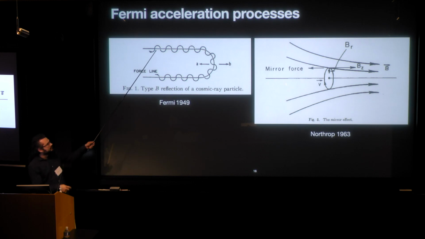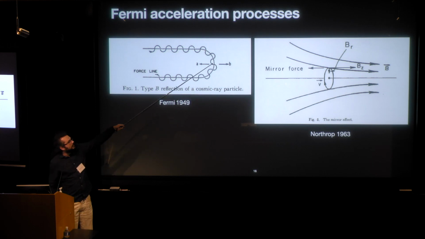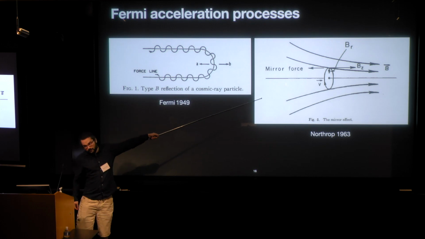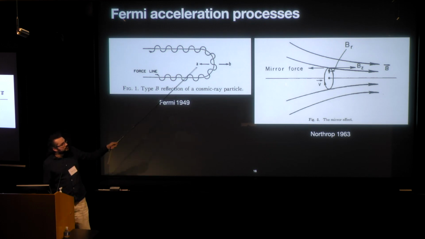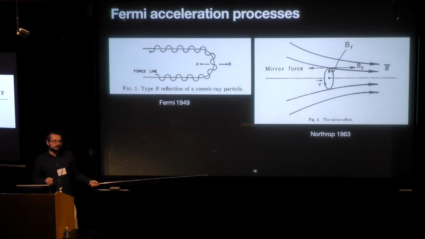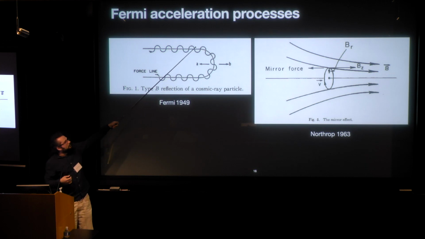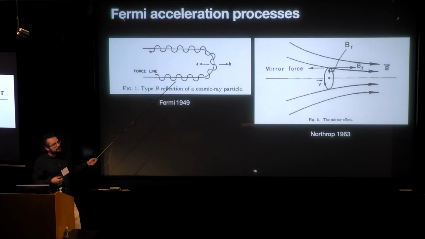So we have a particle that moves around the magnetic field line and also meets a perturbation in this magnetic field line. For example, it can be a bending of the magnetic field line, or a strengthening of the line. And this structure also moves, and the particle, as a bead on a string, can only move along this field line. It reflects from the structure and gains energy in the process.